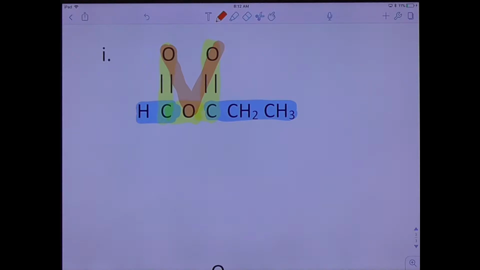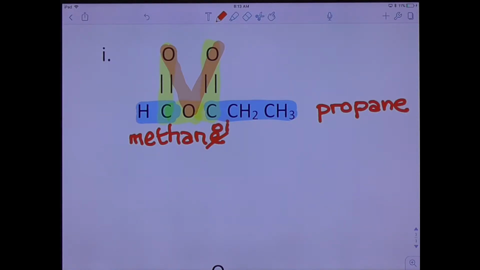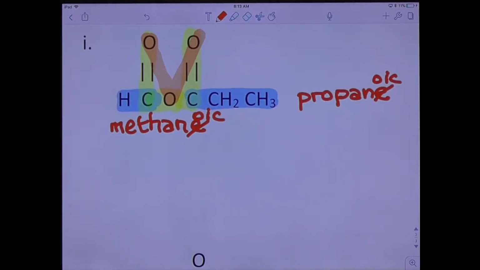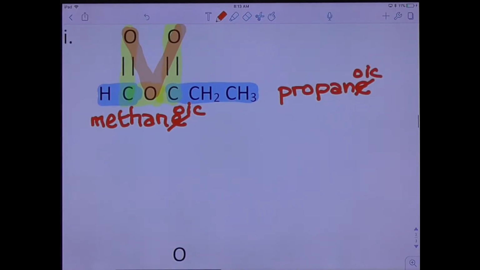So we'll start out by doing IUPAC. If you have 1 carbon, that's methane. And if you have 3 carbons, that's propane. But these are both carboxylic acid derivatives, and so you drop the ane and put oic acid. So you have methanoic and propanoic acids. These aren't carboxylic acids, though, so you can drop the acid part of it.